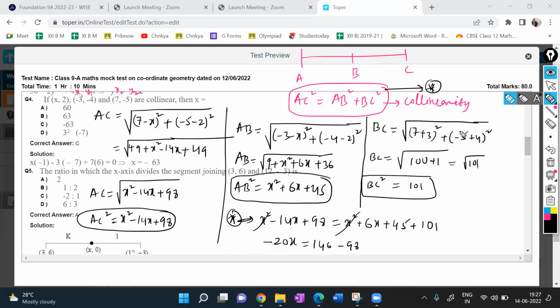AB is what? I took x comma 2 as A, minus 3 comma minus 4 as B, 7 comma minus 5 as C. AB is minus 3 minus x whole square minus 4, minus from the BC.